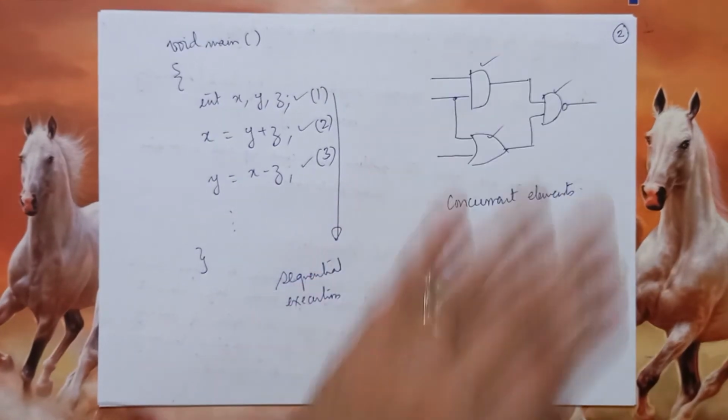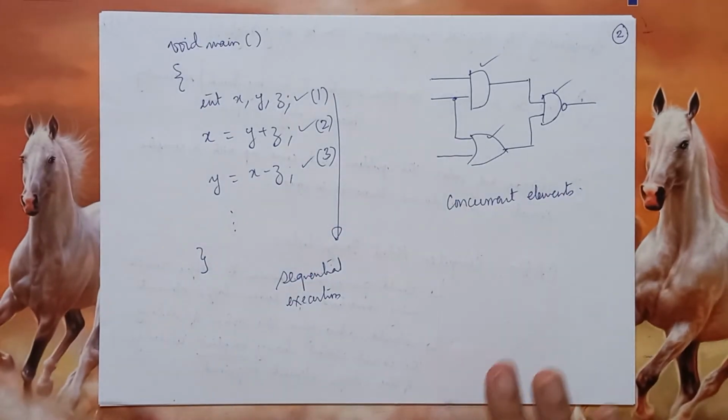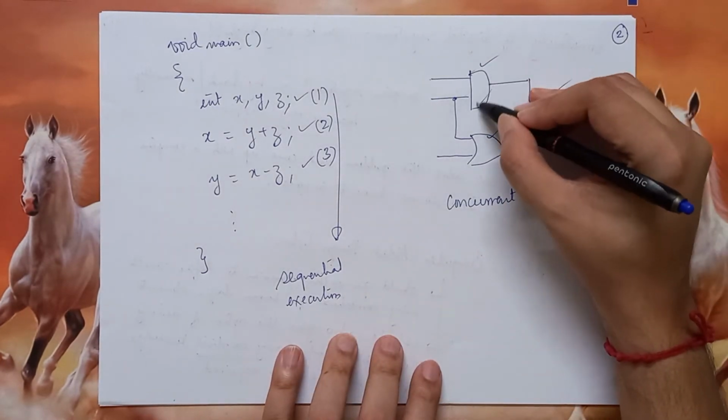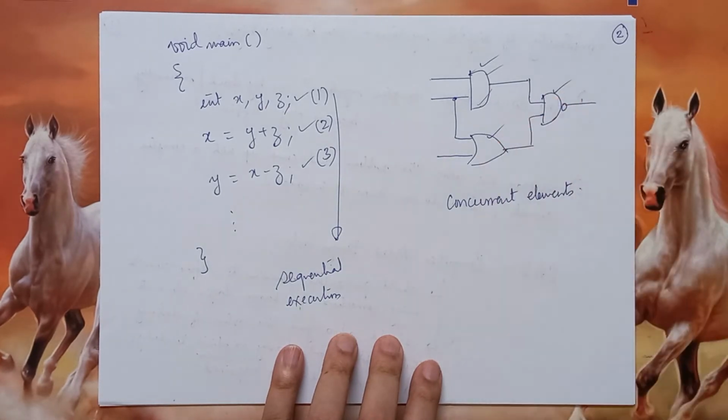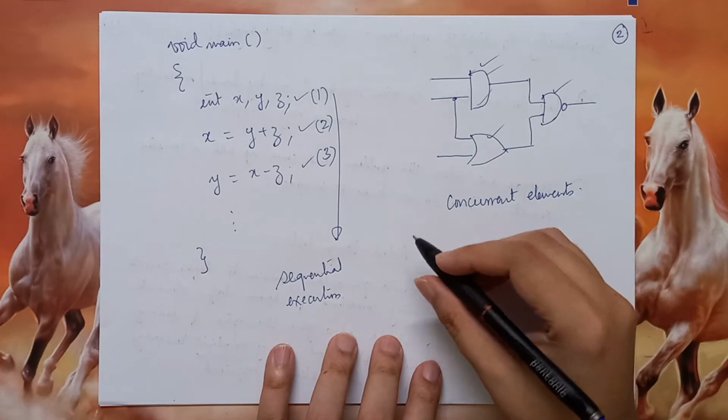But in a circuit, all the logic elements work at the same time. So you can hardly say that I will wait for this gate to work, then this gate, and then this gate. No, it doesn't work like that. Therefore, you cannot use known programming languages to define circuits.